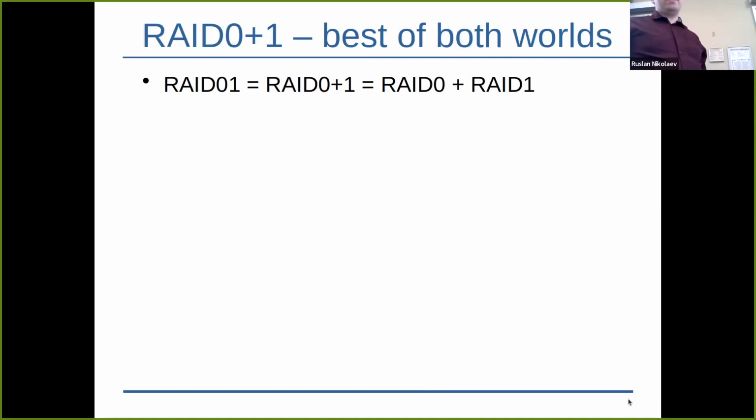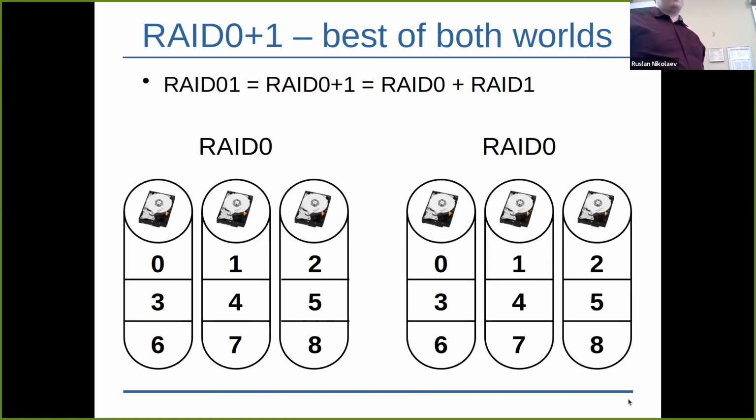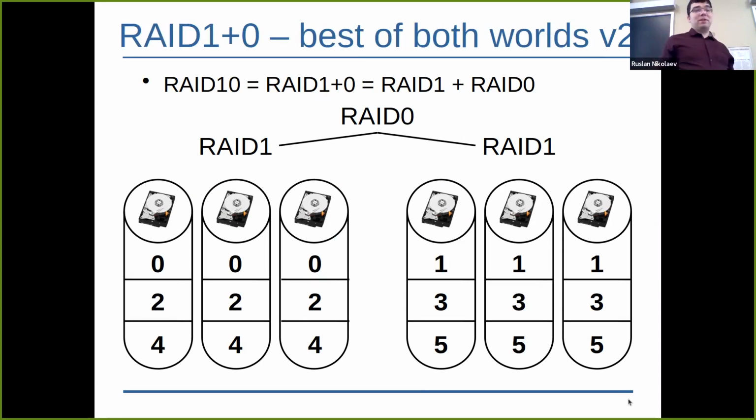Well, we can combine the best of both worlds, right? So we can have RAID 0 plus RAID 1. We can have RAID 0 arrays, and they are combined as RAID 1. So we treat each RAID 0 as one individual disk and combine them as RAID 1. So that's one possibility. Or we can do the opposite. We can have RAID 1 arrays and combine them as RAID 0.